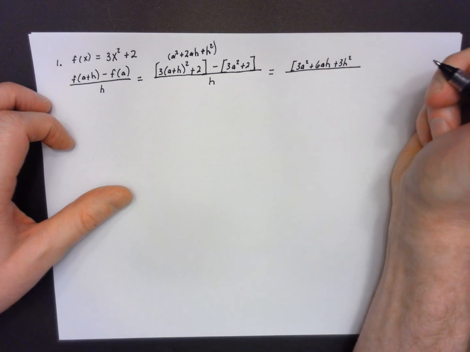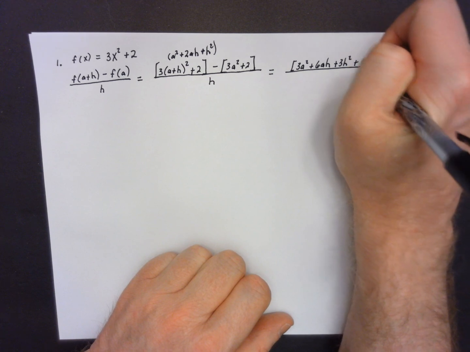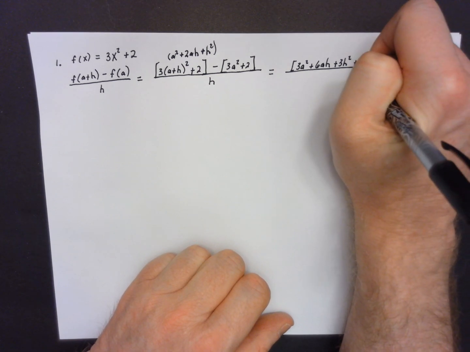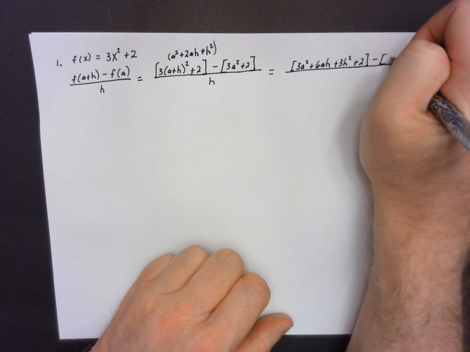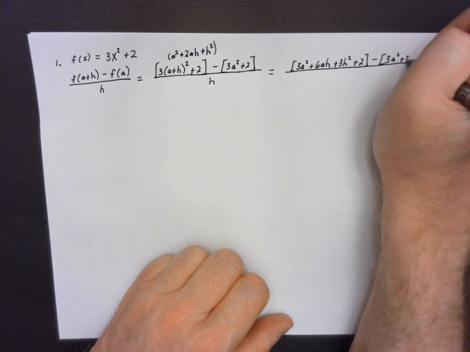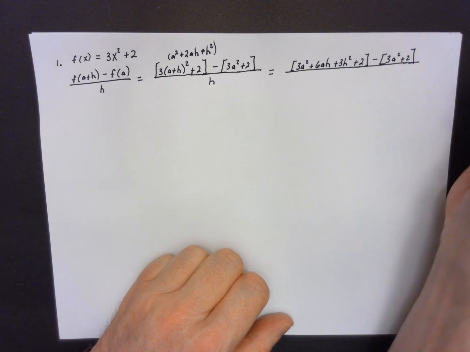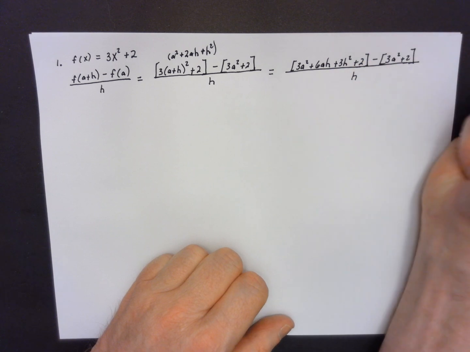Now that's distributing 3 through the first group. I still have a plus 2 in there. All of that becomes my f of a plus h. I'm subtracting from all of that f of a, so minus 3a squared plus 2. I have my f of a plus h minus f of a over h.